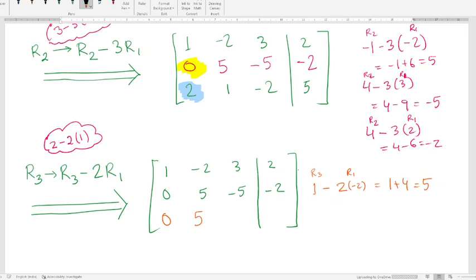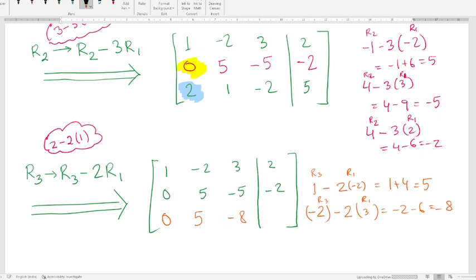Further, we'll look at the third row, third column element. Originally the third row, third column element was minus 2, right? Negative 2 minus 2 times the first row element, R1 element. So R3 minus 2 times R1. The R1 element is 3. So you get minus 2 minus 6, which is equal to minus 8, right?